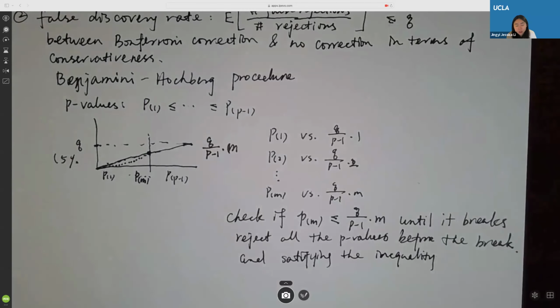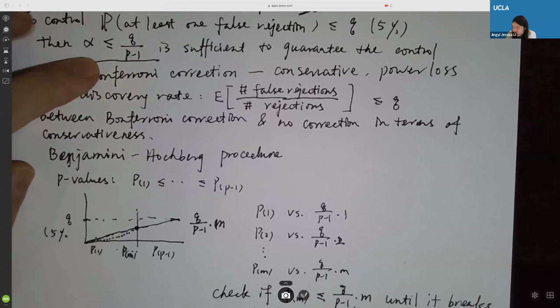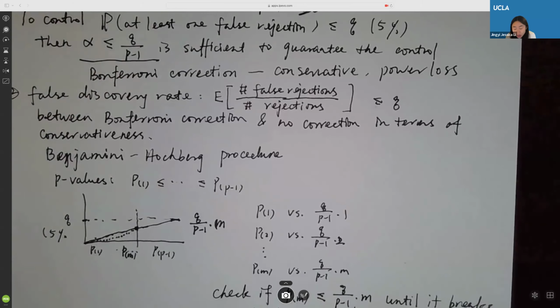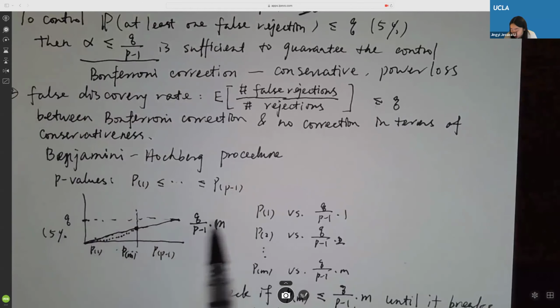So that's the procedure. Compared to the Bonferroni correction, it is obvious that here the p-value threshold is not as stringent, because you are not comparing all p-values to this small value, but you are comparing p-values based on their order. And the larger the order, the larger the threshold.